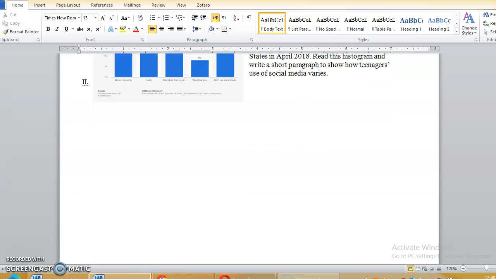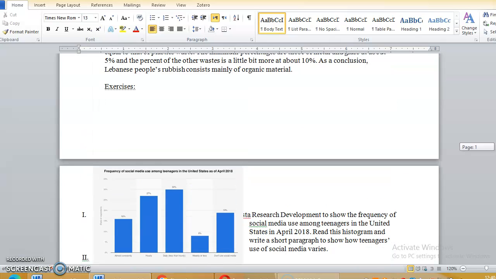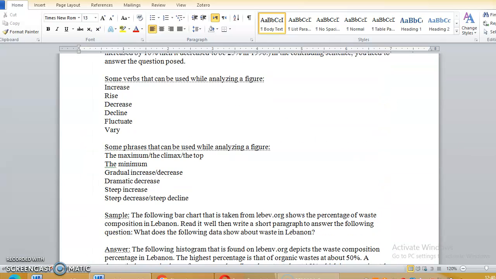Here are some verbs that can be used while analyzing the graph. We can use rise in order not to repeat increase so many times, decrease or decline, fluctuate or vary. Other phrases we can use: the maximum percentage or the maximum number, the climax, the top, the minimum. We can use gradual increase or gradual decrease if it's changing gradually.